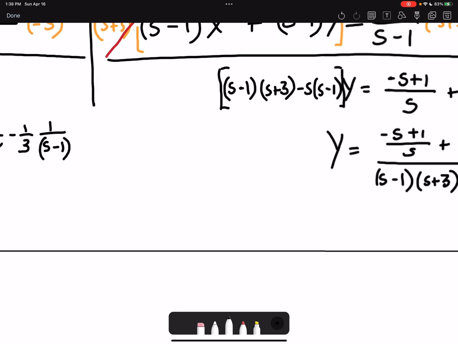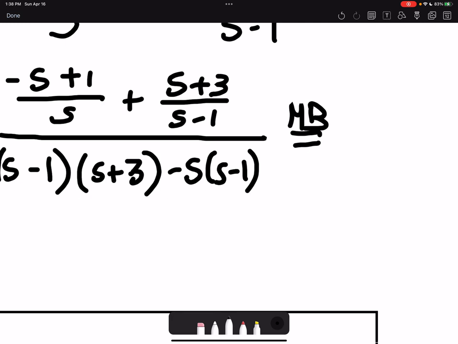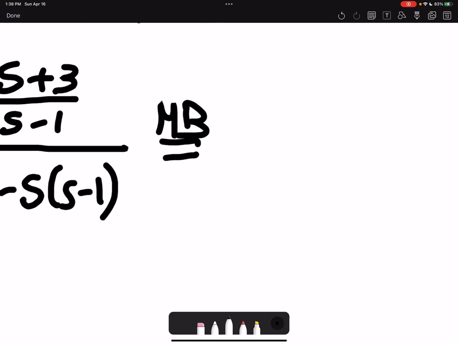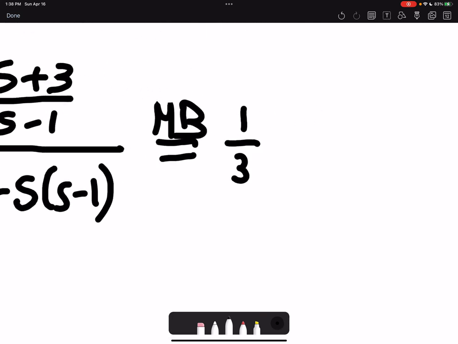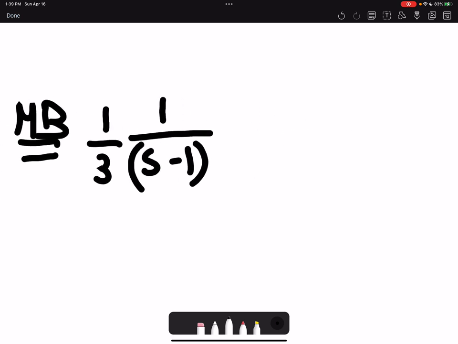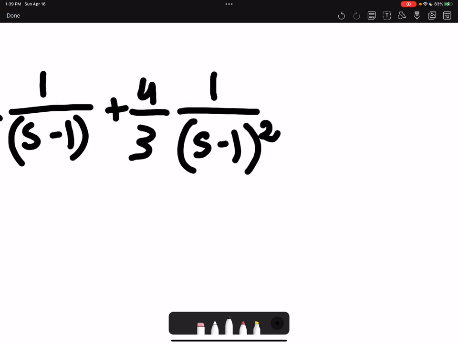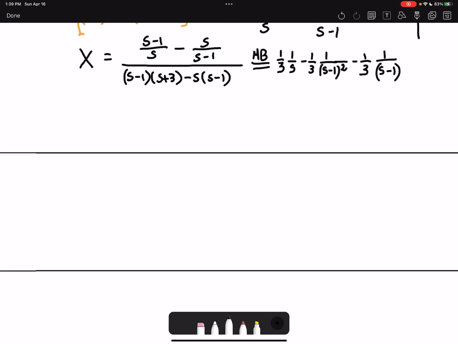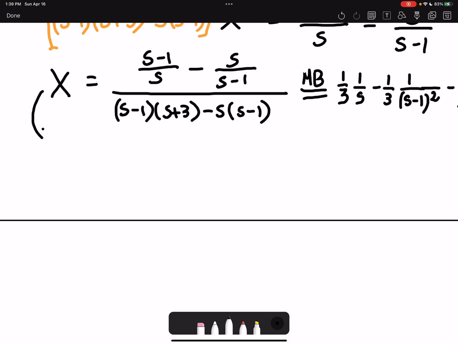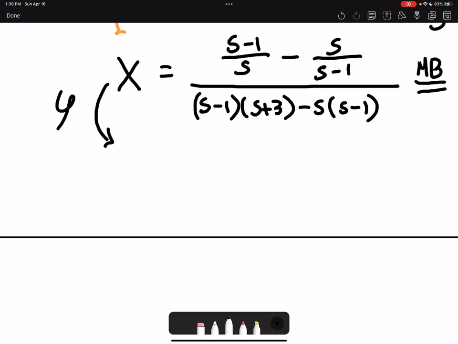For the latter, for this one, we get 1/3 times 1 over S minus 1 plus 4/3 times 1 over S minus 1 squared minus 1/3 times 1 over S. So now if we apply the Laplace inverse, let's do that.